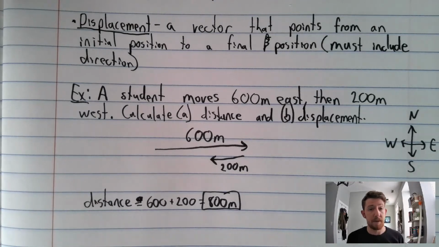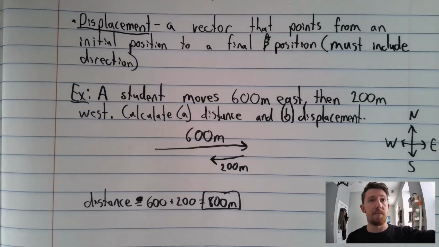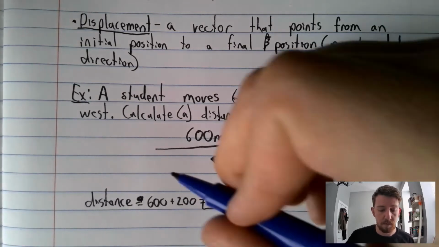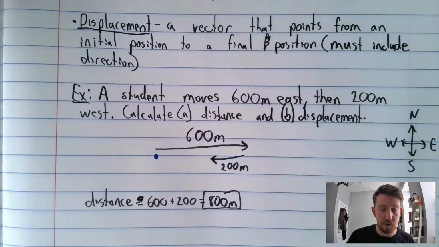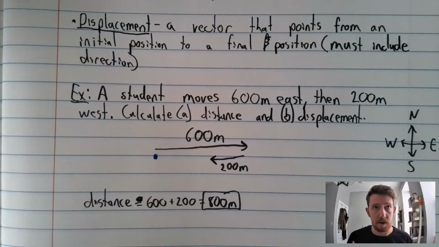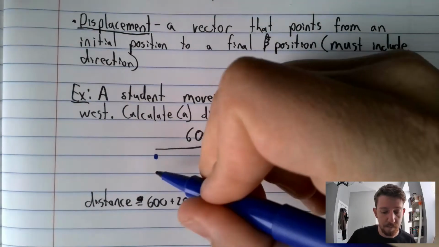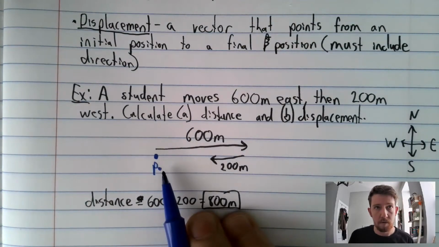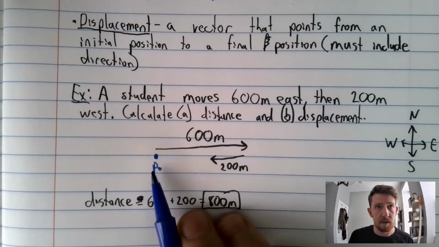Now displacement, we have to use the definition we just wrote down. Very important. It points from an initial position to a final position. We need to establish both of those. Here's my initial position. I'm going to use a special notation for it. It'll be P0. The 0 means initial, it means starting, and P means position.